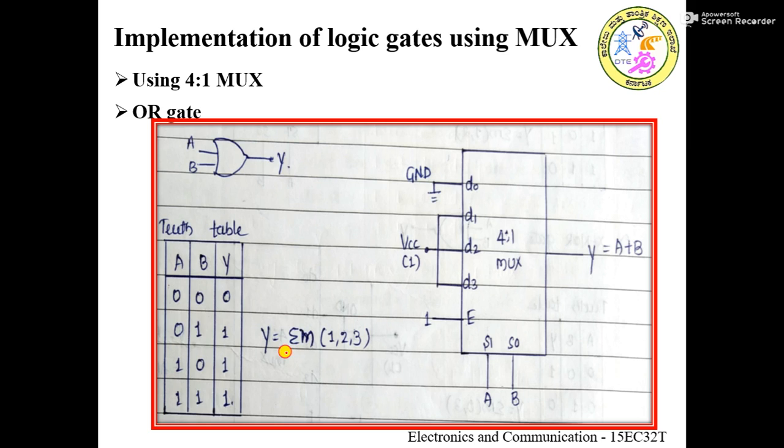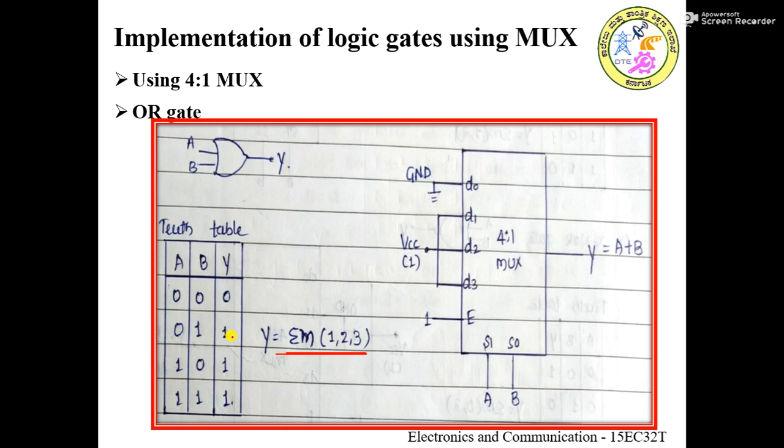And if you represent it in min term representation, for the decimal combinations 1, 2 and 3 the output is 1. This is the min term representation. So these outputs are mapped with the inputs of the 4:1 mux, because the number of outputs is equal to the number of inputs of the 4:1 mux. For the first combination it is 0, meaning D0 is connected to ground.